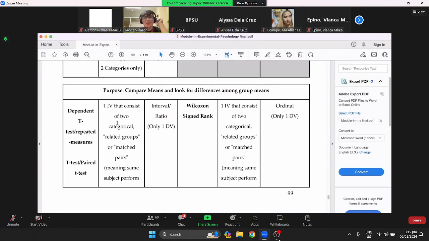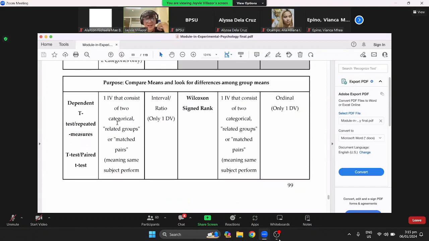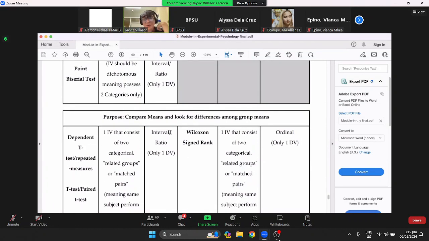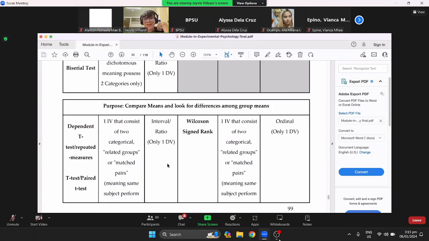So, what are the requirements or qualifications for us to use dependent t-test? Number one, we have one independent variable, or related groups or match pairs, and we have one dependent variable.